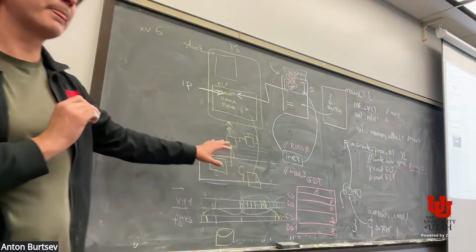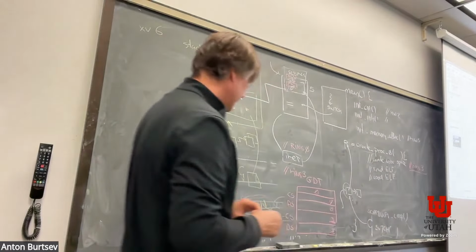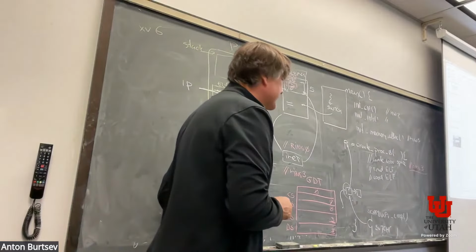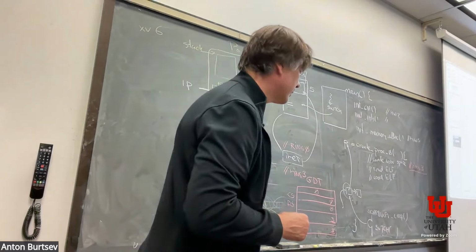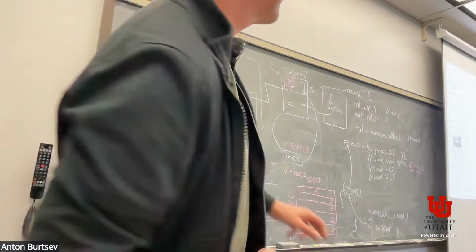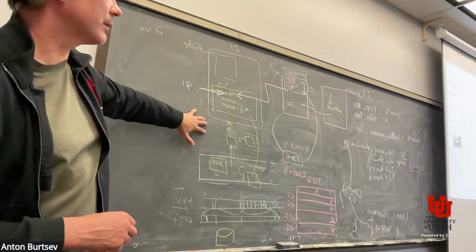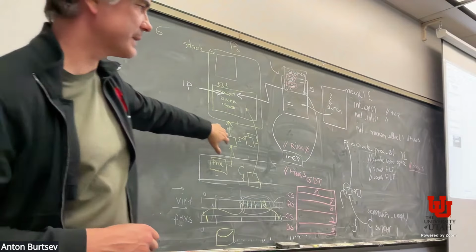Make sense? This is what xv6 does, and we might do something slightly different, but at least that's a reasonable outline of how to get to running in ring 3 in the process address space.